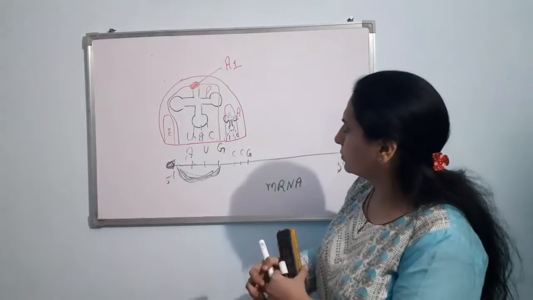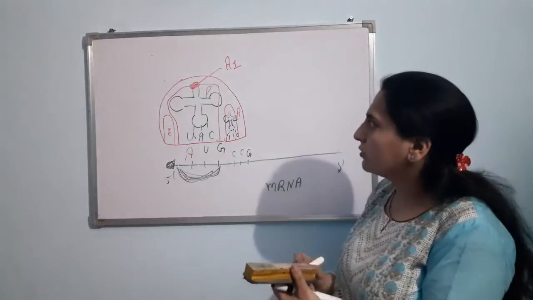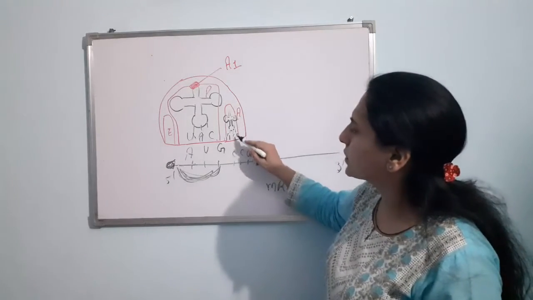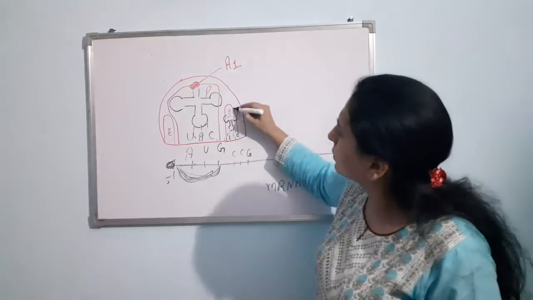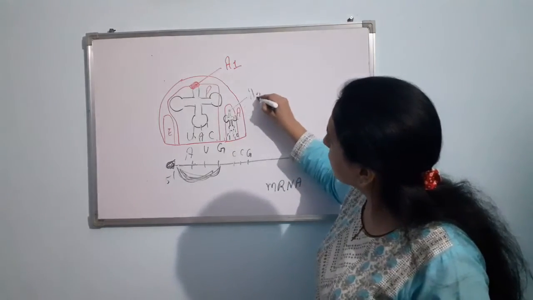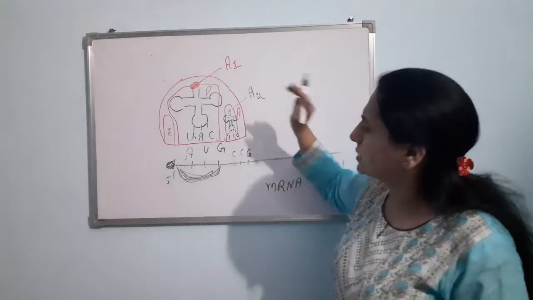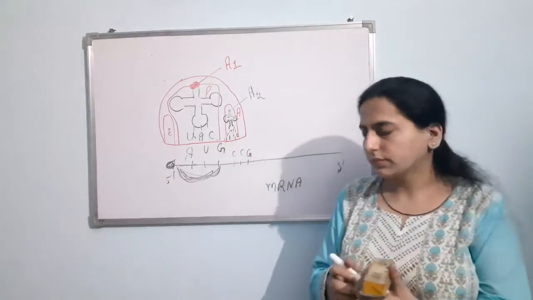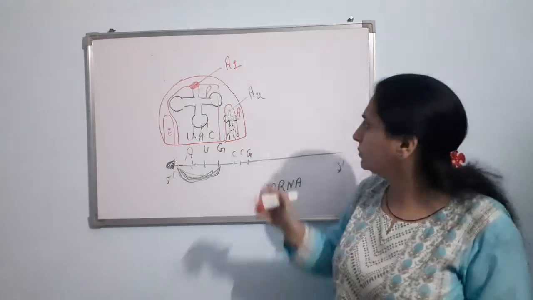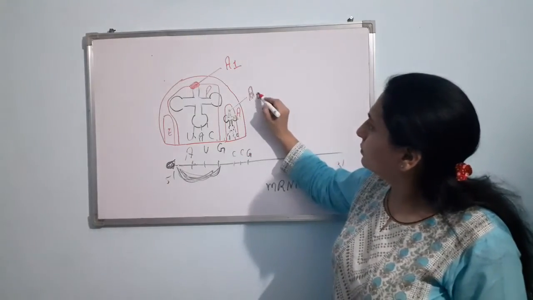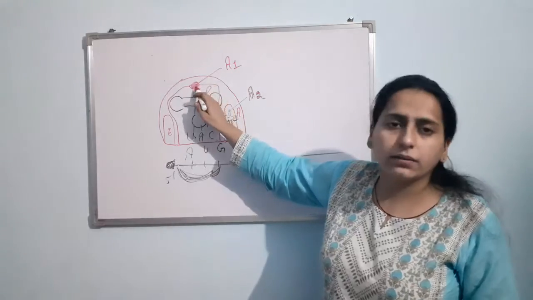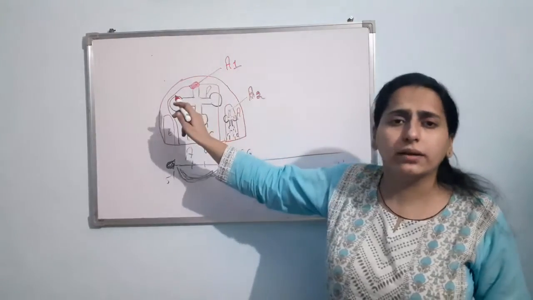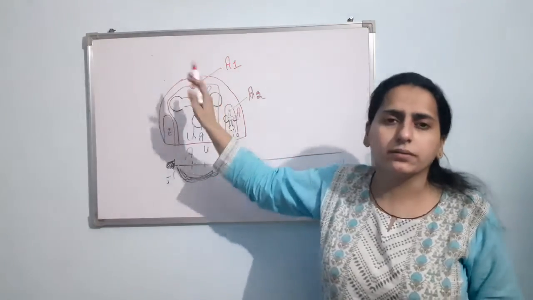Now, after this, as this tRNA is specific to this codon, it will be having the second amino acid. Now what will happen, just understand carefully. This amino acid here, amino acid 1, will detach from here.